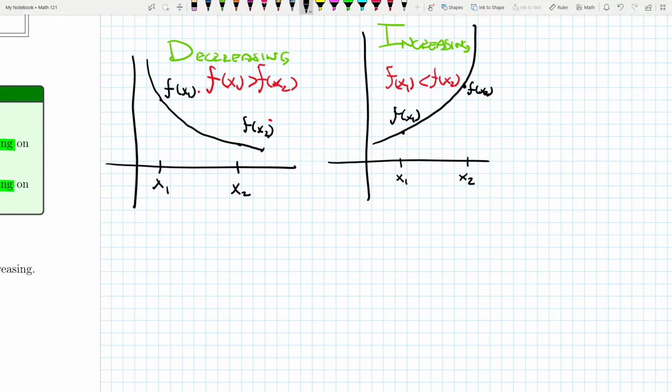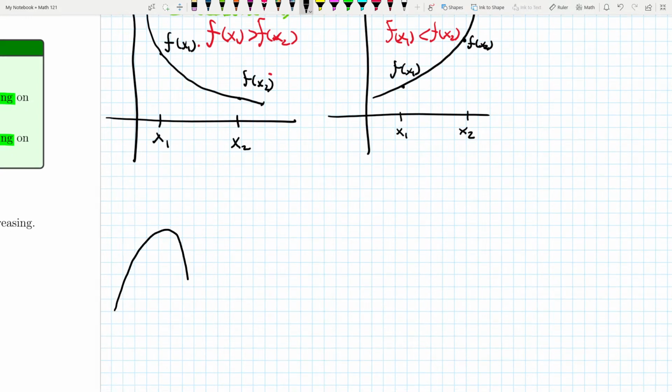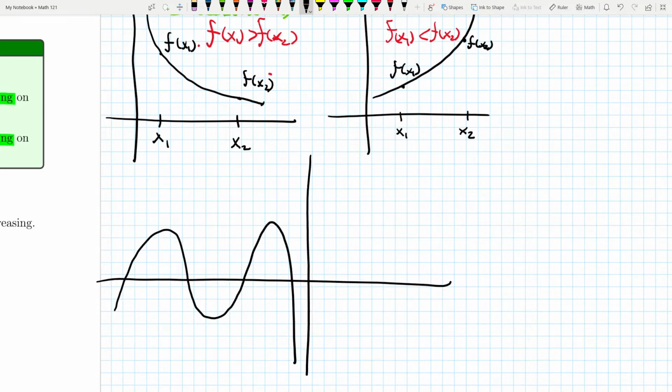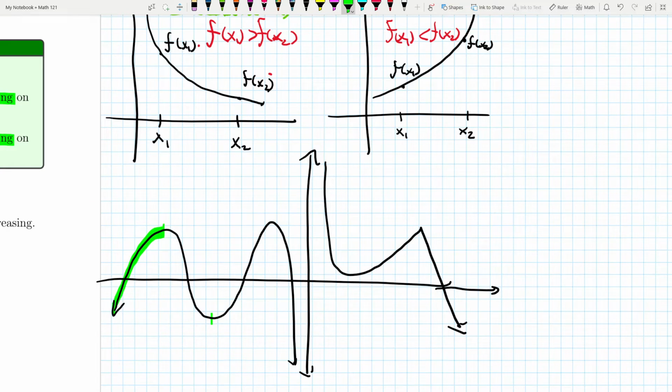We may have other graphs, maybe something like this, where the function increases, and increases, and there are intervals where the function decreases, and also decreases.